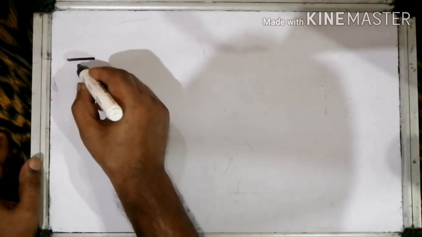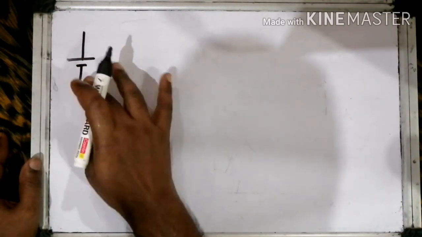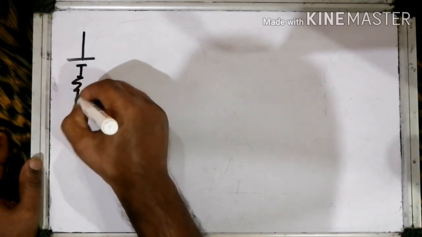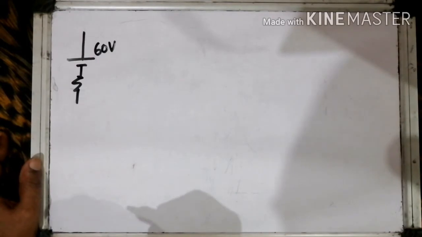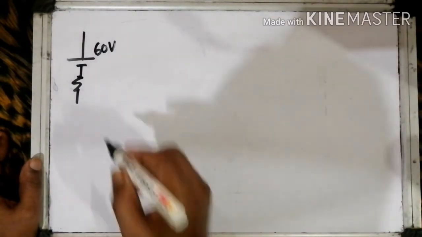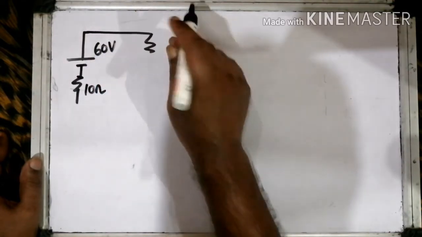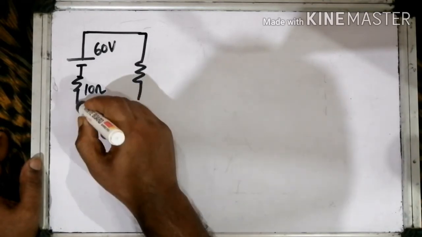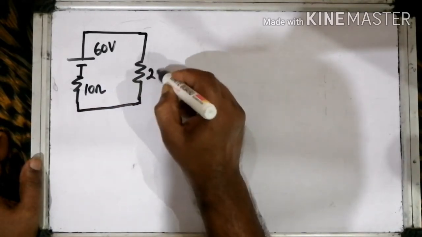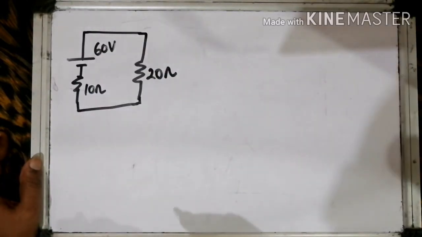This is the example in which real voltage source is given. Right? This one is 60 volt real voltage source. Its internal resistance value is 10 ohm. This one is the load resistor having the value of 20 ohm. Right?